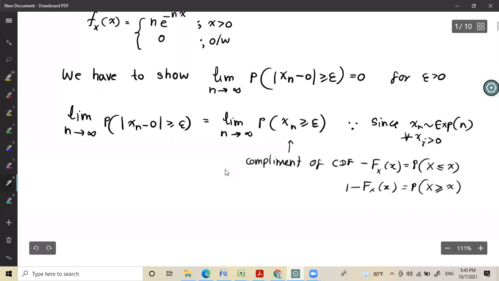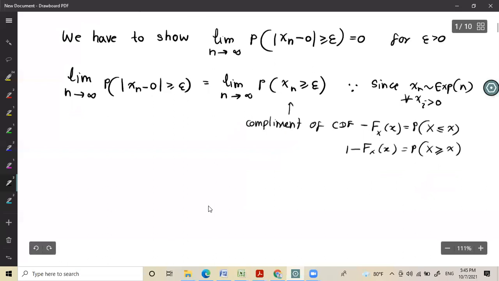When X is continuous, the equal sign does not matter. So if you can find the CDF of this exponential density, you can easily find the right hand side. Let's start finding the CDF of this exponential density function.